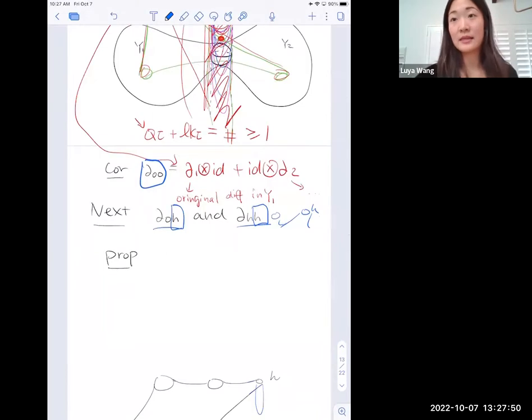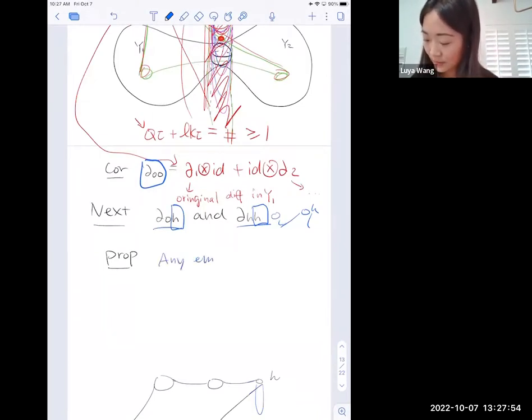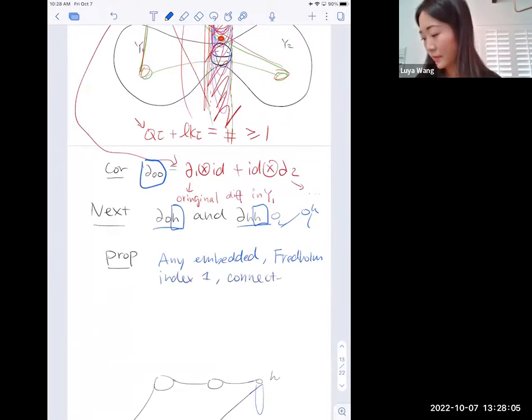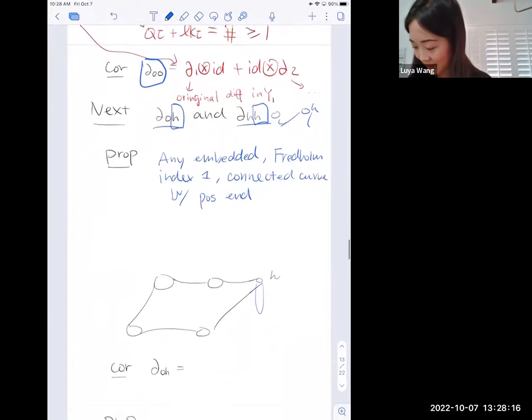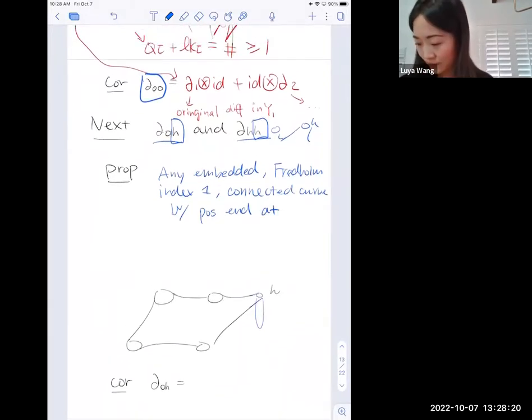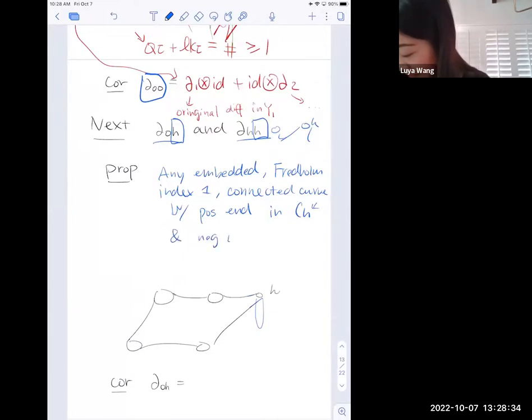Okay, the proposition is that any embedded Fredholm index 1 connected curve with a positive end in CH, which again is the orbit sets that has a hyperbolic orbit in it, and negative end in C0, which is the orbit sets which consists of the orbit sets with no hyperbolic orbit in it.